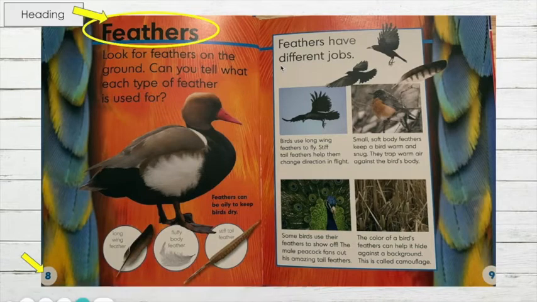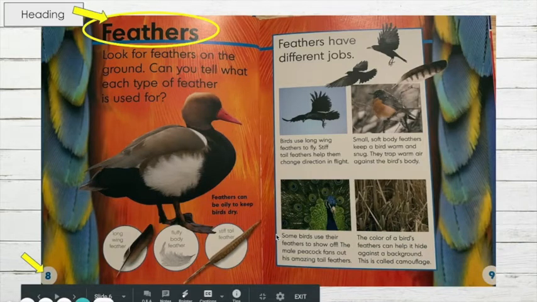Feathers have different jobs. Birds use long wing feathers to fly. Stiff tail feathers help them change direction in flight. Small, soft body feathers keep a bird warm and snug. They trap warm air against the bird's body.